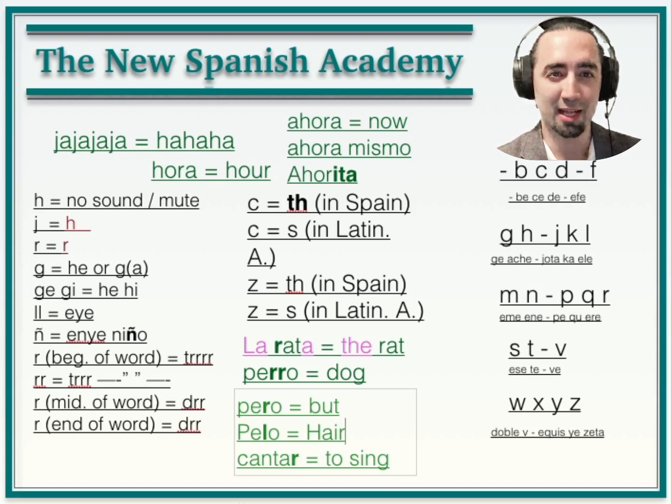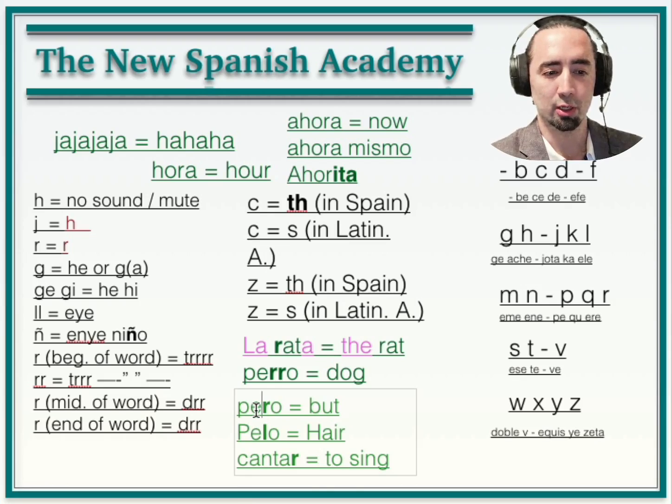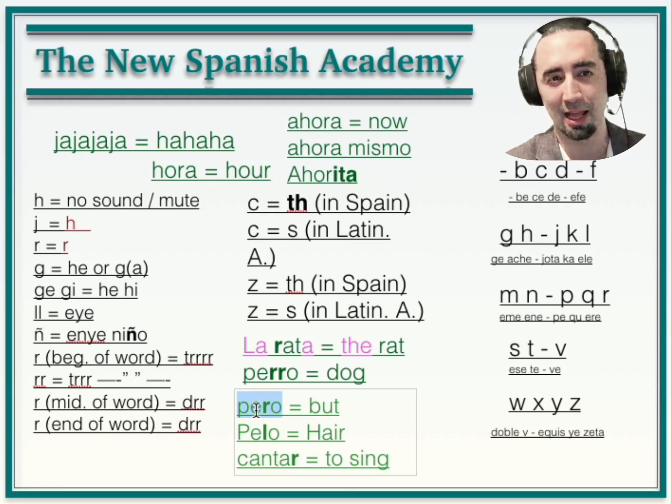It's better to do that than to pronounce it like an L, all right? So it's better to sound wrong but with an R than to sound wrong with an L, all right?